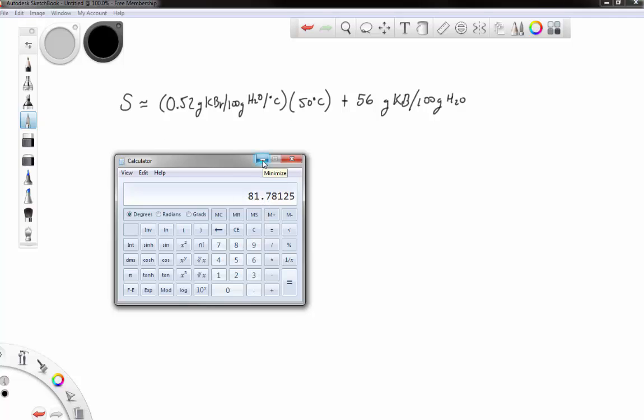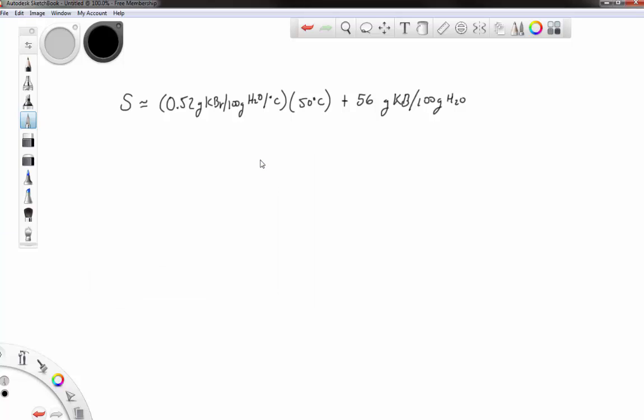So pretty close to what I got from the other method, 84. I think that with the chart being the way it is, with my drawing on this screen being the way it is, you have to have maybe plus or minus 4 or 5 for any estimates. So these two basically agree within that plus or minus 4.